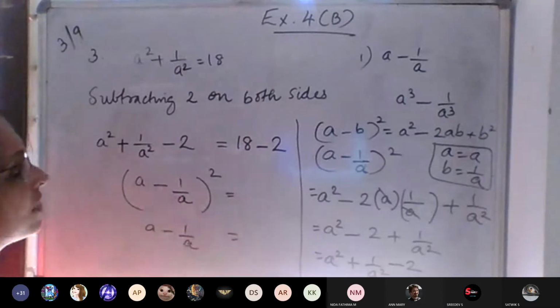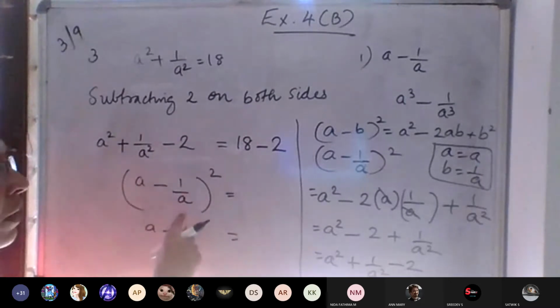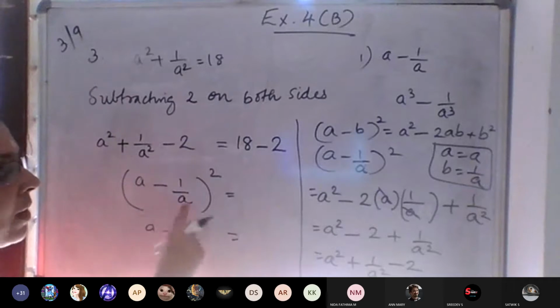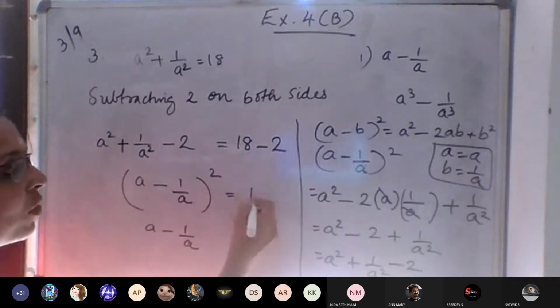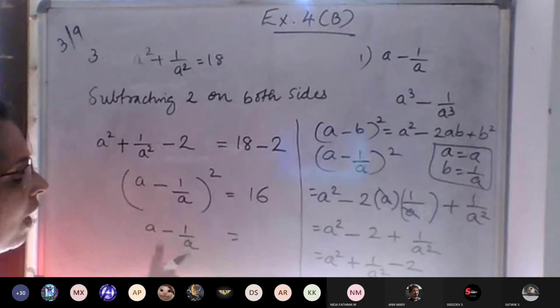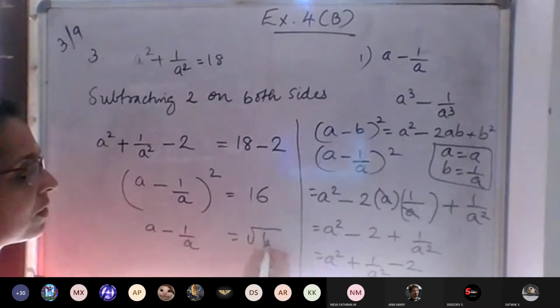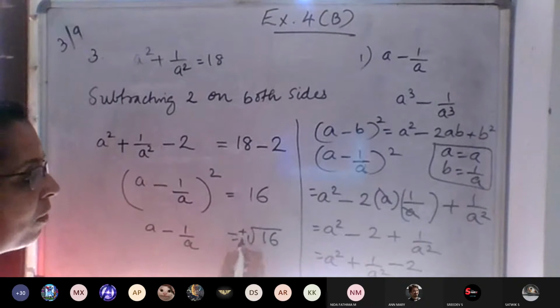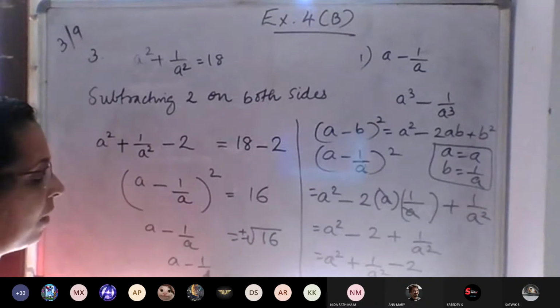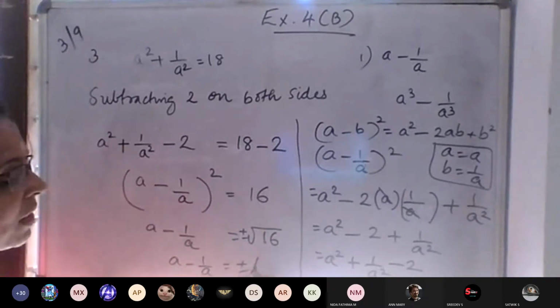So next step. This is in the form of a minus 1 by a whole square. 18 minus 2 is what? 16. So a minus 1 by a will be what? Root of 16, plus or minus root 16, that is a minus 1 by a is equal to plus or minus 4.